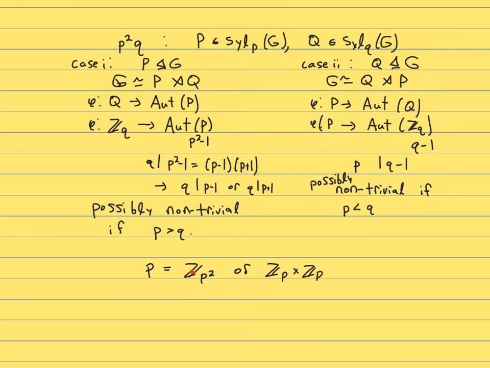And it turns out stuff with Z P squared is not that interesting, but the automorphism group of ZP times ZP is a matrix group. And so there the classification gets a lot harder, and you end up with a lot more possible semi-direct products. Whereas over here, the automorphism group of a cyclic group is, well, it's still just modular arithmetic, just with multiplication.